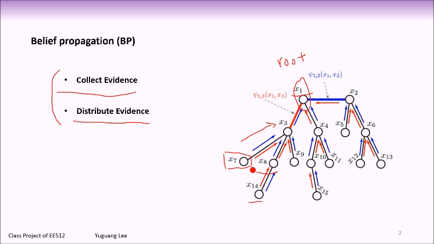During this process, we guarantee that each node receives the messages from all the rest of the nodes only once, so that we can use this information to calculate the joint Gaussian probability.